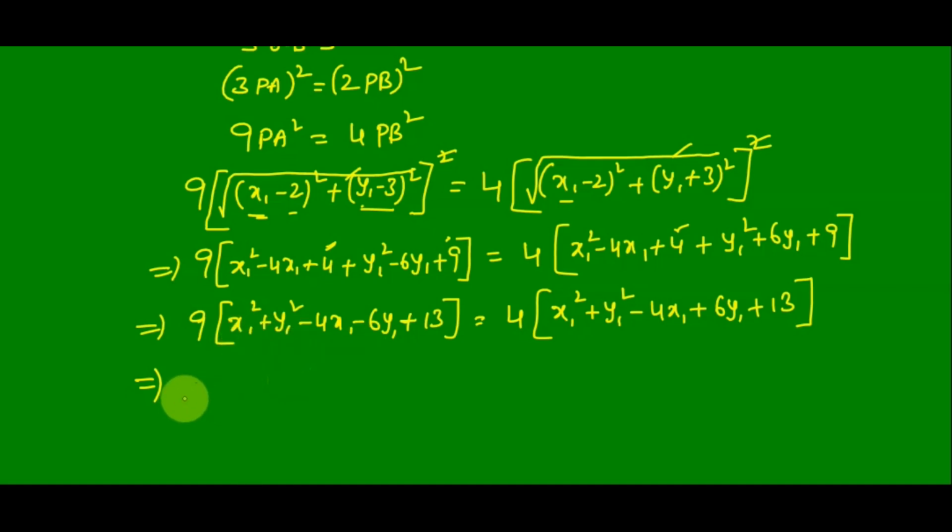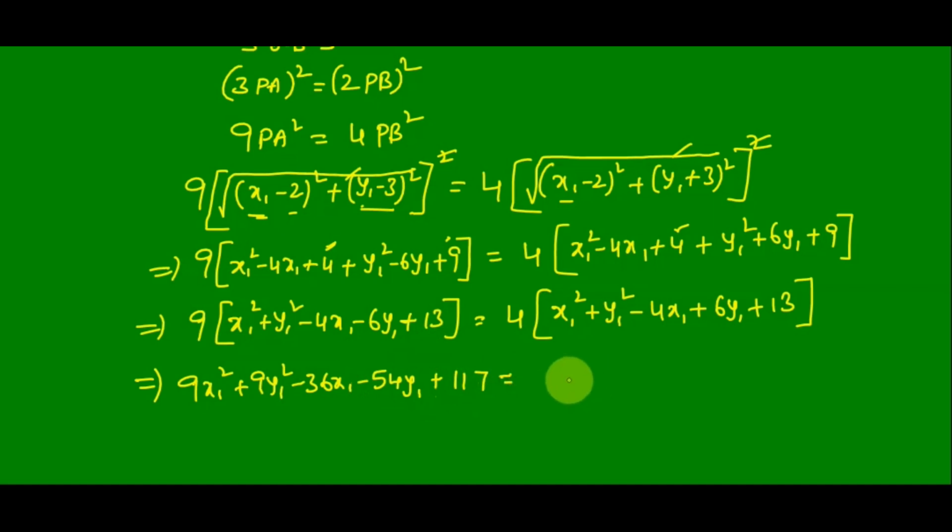So what you'll get: 9 into x1 square is 9x1 square plus 9y1 square, then 4 9s is 36x1 plus 9 6 is 54 y1 plus 9 13 is 117.